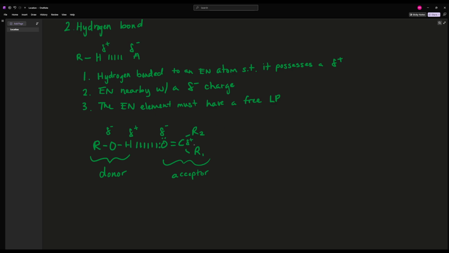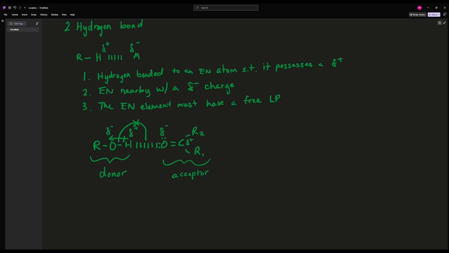Another way to describe this is that we have a polar covalent bond, that oxygen-hydrogen bond right here, giving rise to a hydrogen bond. But these are separate. This bond and this bond are not the same. One gives rise to the other.